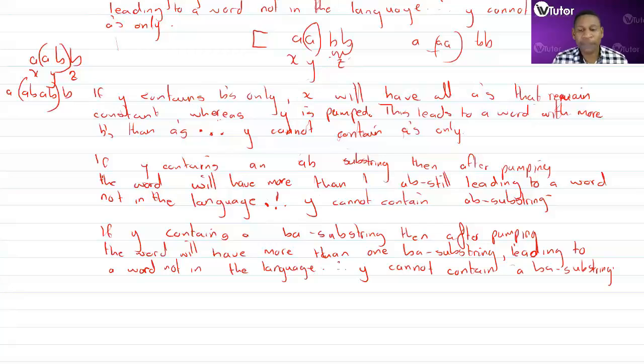So now, none of the four suggested allocations lead to a word that is in the language.